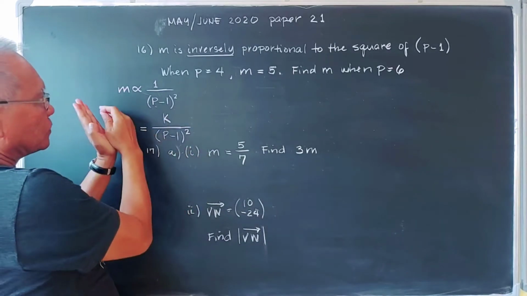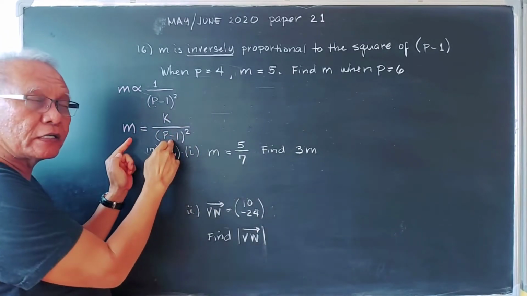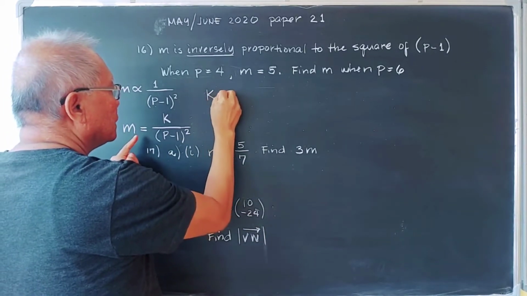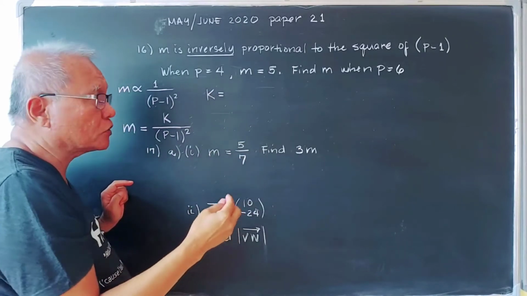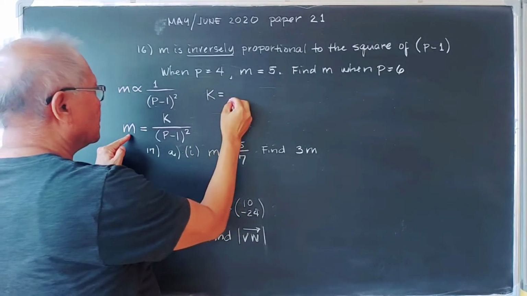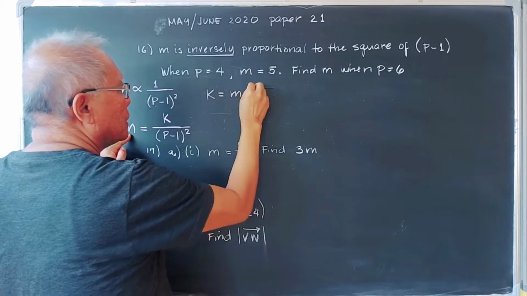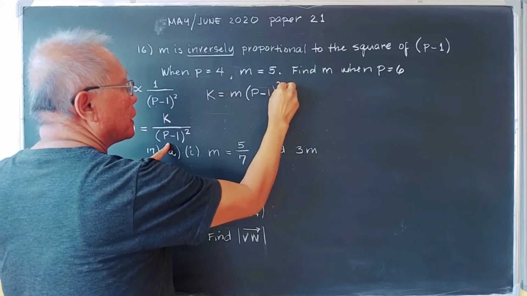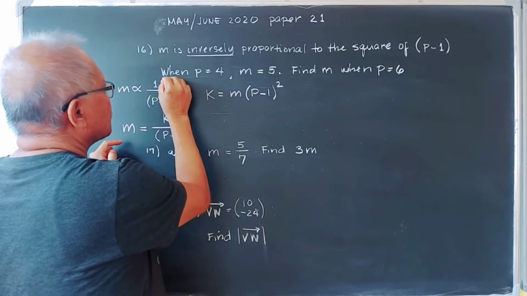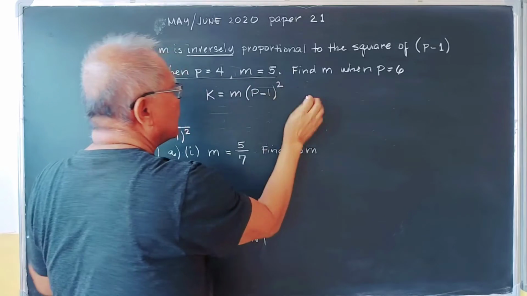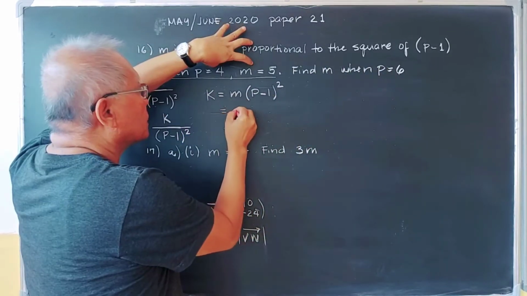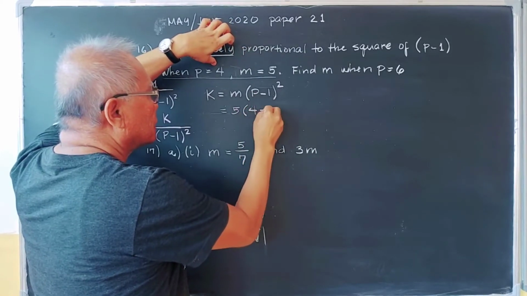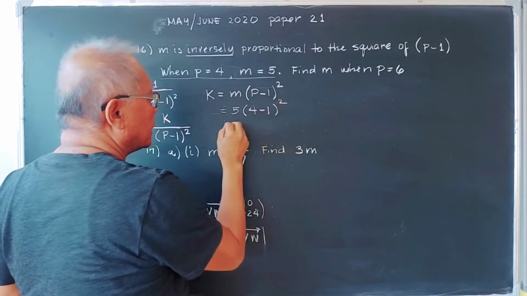We just cross multiply m and p minus 1 squared. So the formula for k, because we have to find first the k, the constant of proportionality, is m times p minus 1 squared. Let us substitute the first m and p: m is equal to 5, and p is equal to 4, minus 1 squared.